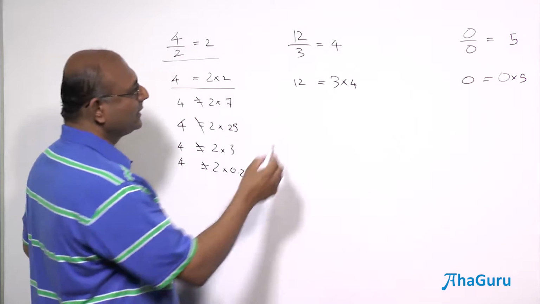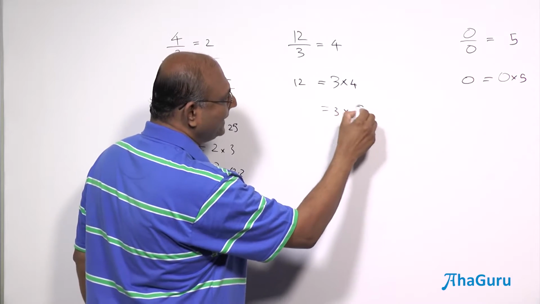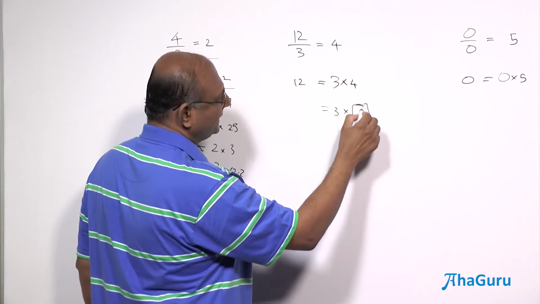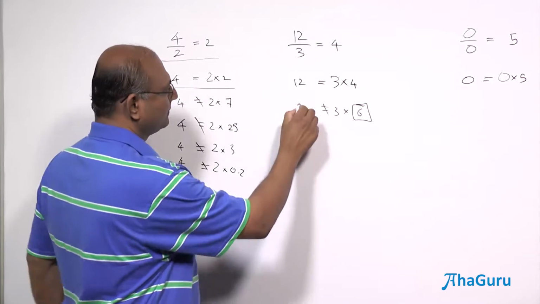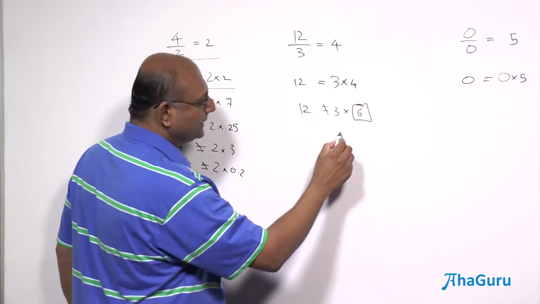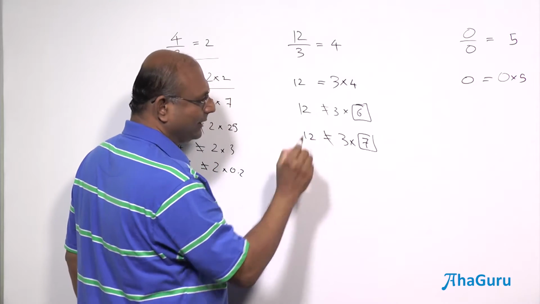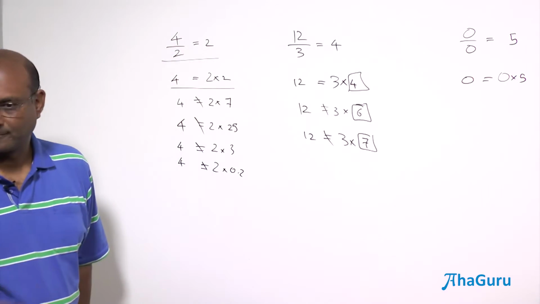Let us look at this. 3 into 4 is 12. 3 into anything else other than 4, if you try 6, you get 18, which is not equal to 12. 3 into 7, not equal to 12. The only thing that will satisfy this box is 4.